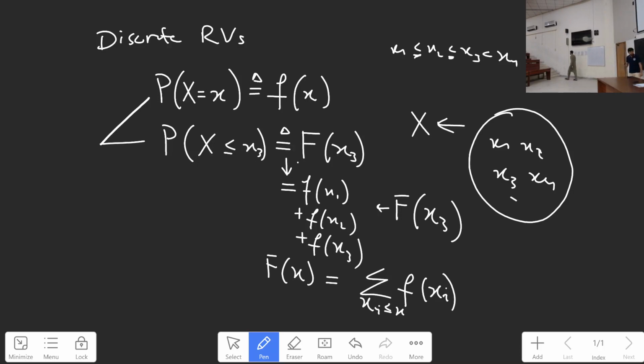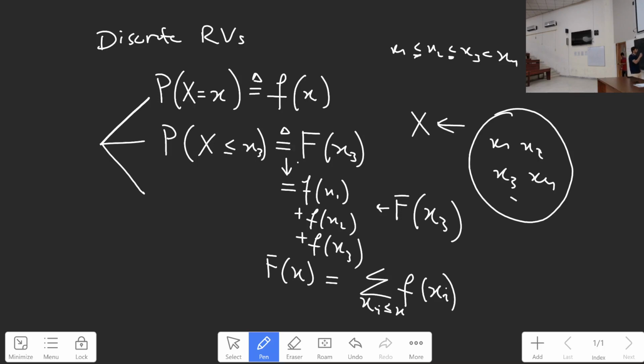That's just a mathematical summarization of what I explained here. The cumulative distribution function will be the sum of the probability mass functions up to that point, and we saw that last time.